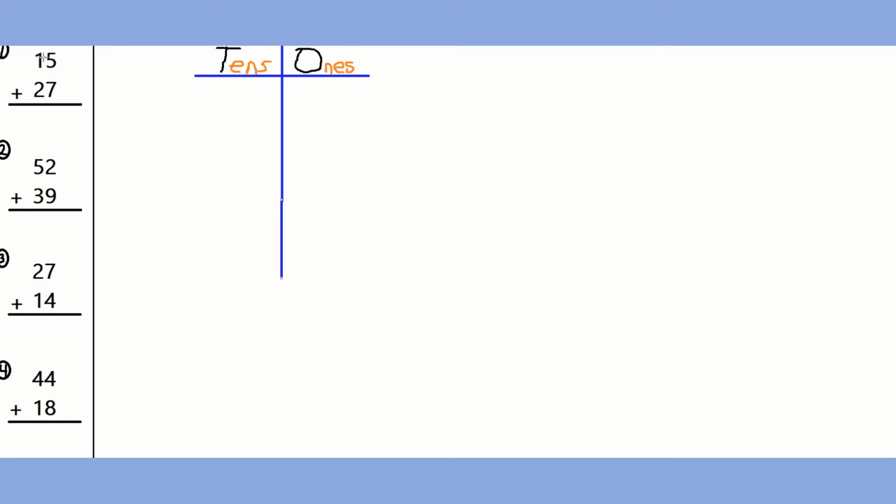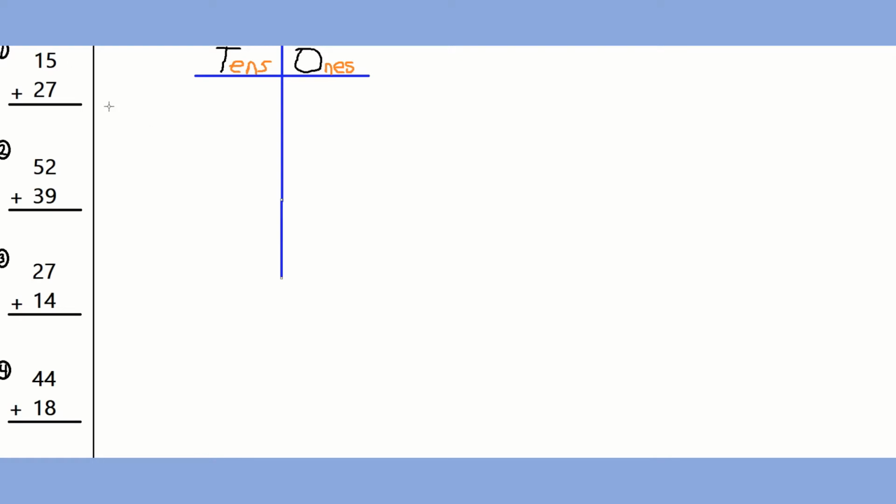And so if we start with number 1 here, it says 15 plus 27. This is going to help us divide them. So all we got to do is pay attention to the left and the right. We know that T, or tens, is on the left, and O, or ones, are on the right.